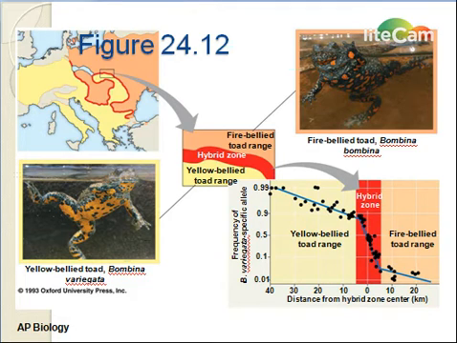The second possibility is we could have a fusion of the two populations occurring within the hybrid zone. This is going to occur if the hybrid is actually more fit than the two parent populations. We have gene flow occurring, which is merging the two species back together again.